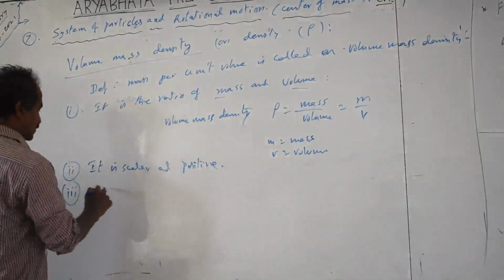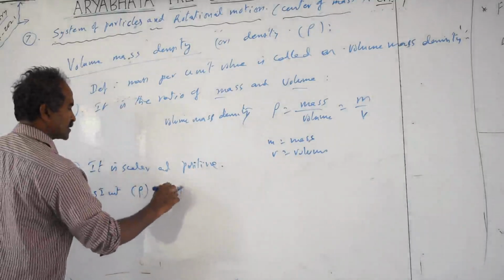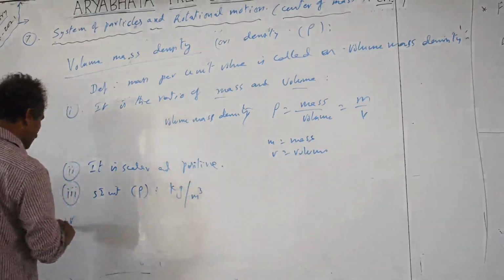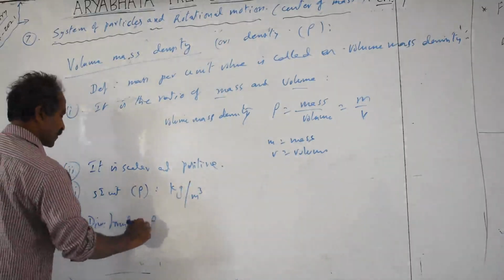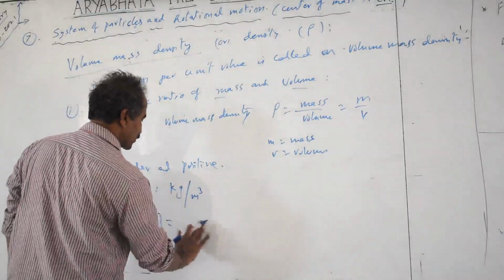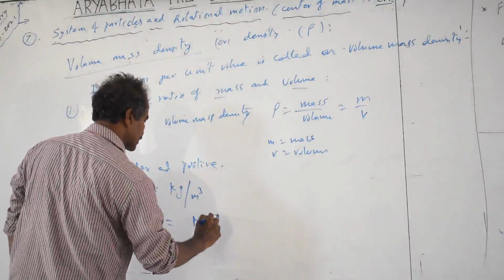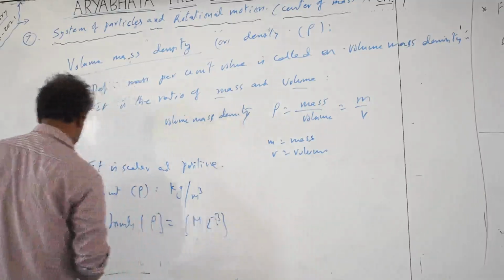SI unit of rho is kg per cubic meter. Dimensional formula of rho: volume means length into breadth into height, that means m by L cube, M L to the power minus 3, and it is for 3-dimensional distribution of mass.